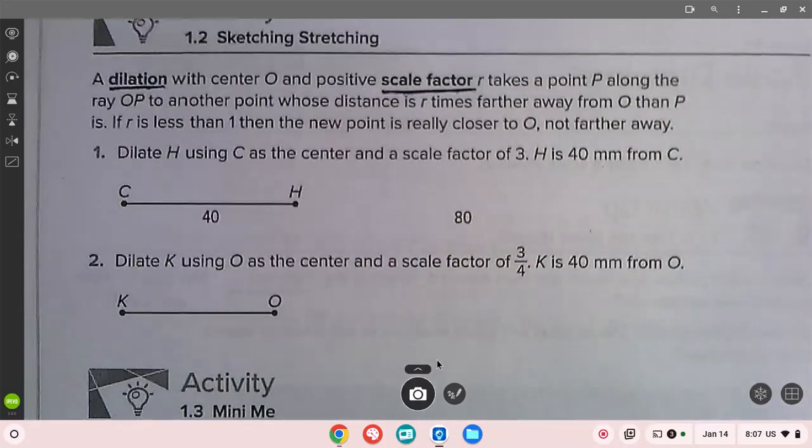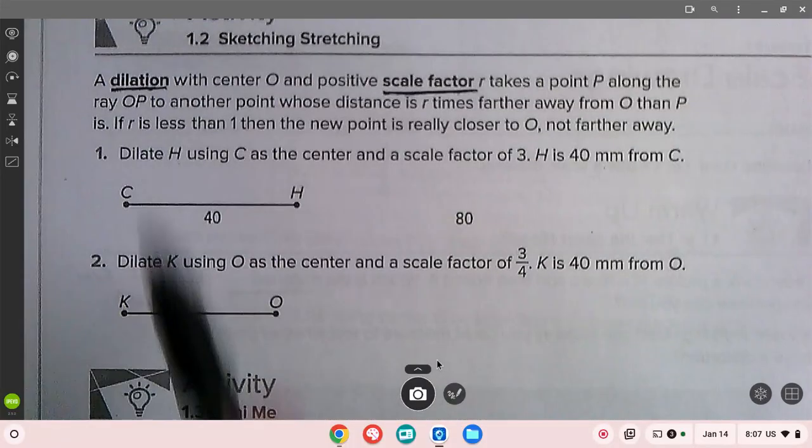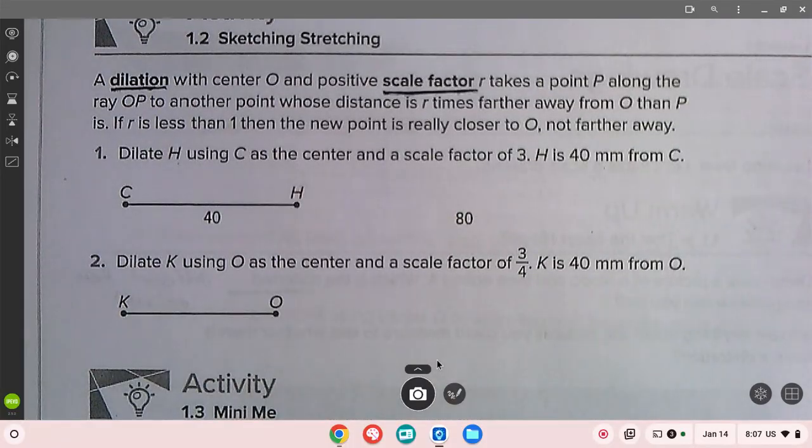Okay, so it says here, a dilation with center O and a positive scale factor R takes a point P along the ray OP to another point whose distance is R times further away from O than P is. That might be a little bit confusing right now, but we're going to use question 1 and question 2 to help understand that.